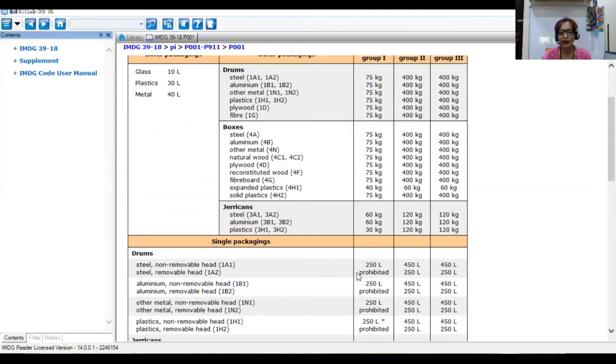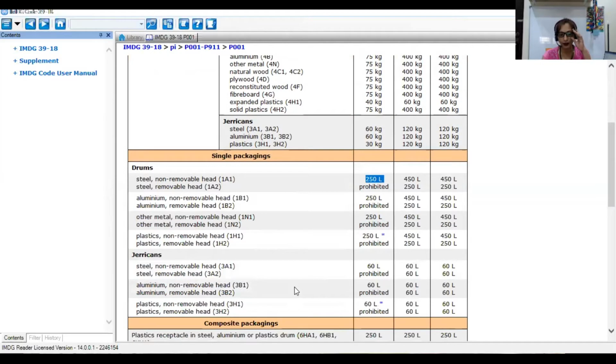It indicated right here that for PG1, you cannot use steel removable head drums. It's prohibited. And it indicates to you, for instance, if it is allowed, like if the shipper used a non-removable head drum, the shipper could have filled that drum up to 250 liters. So it gives you that allowance.